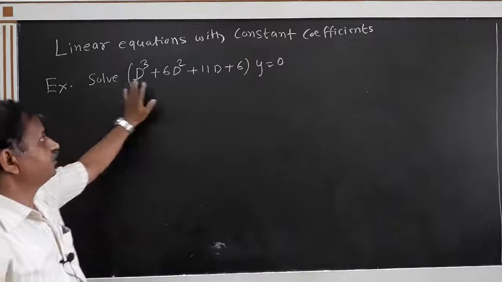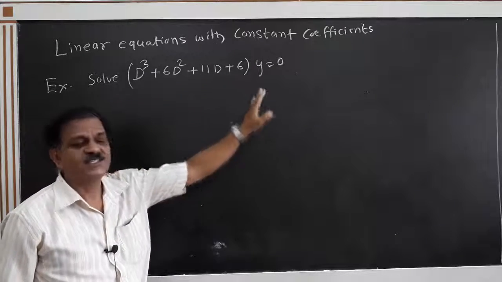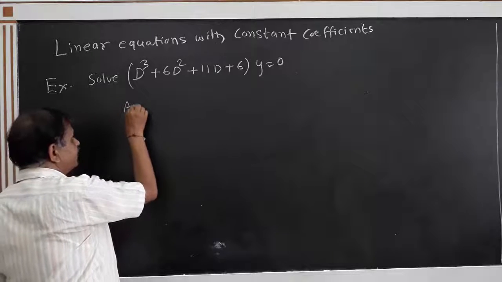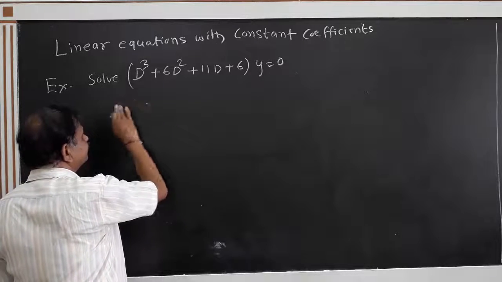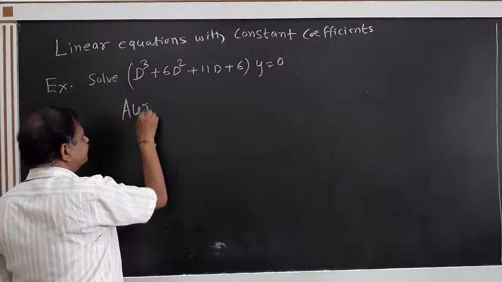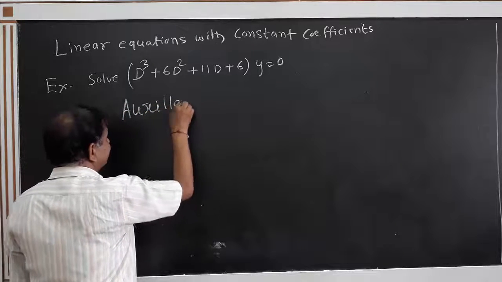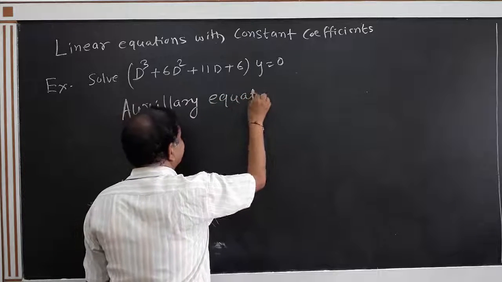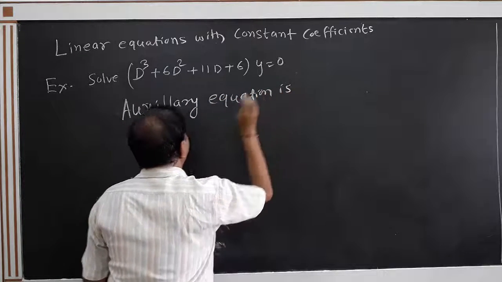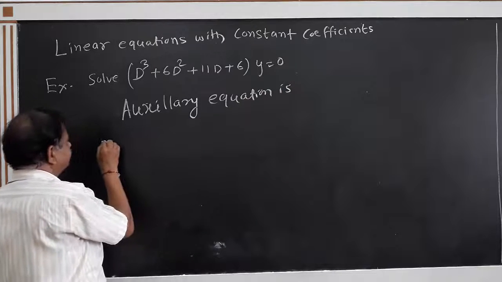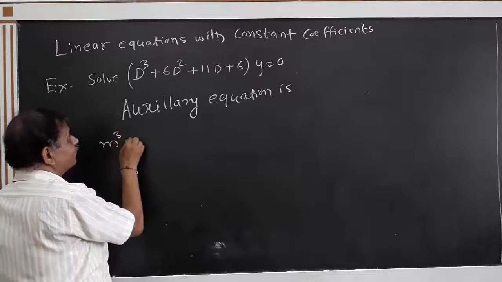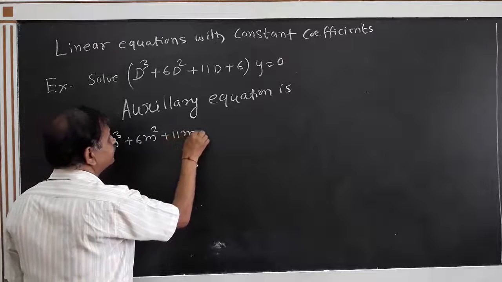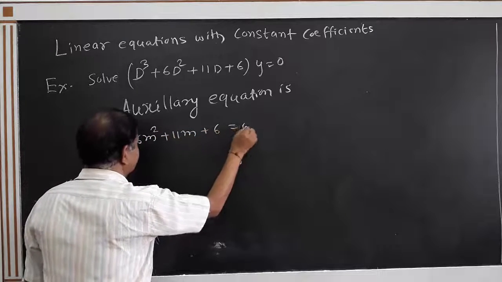Solve D cube plus 6D square plus 11D plus 6 into y equal to 0. For this equation, the auxiliary equation is m cube plus 6m square plus 11m plus 6 equal to 0.